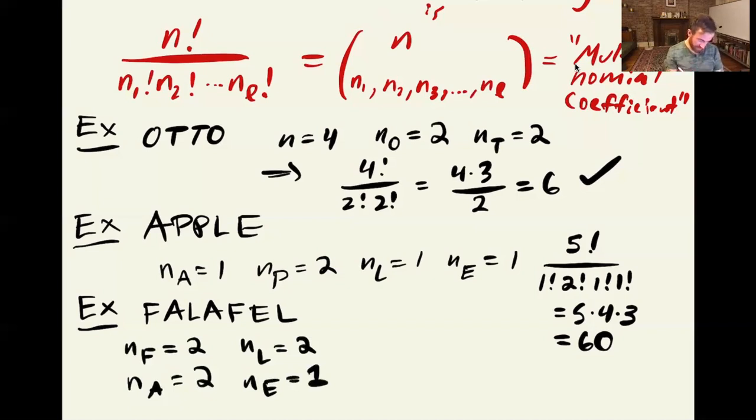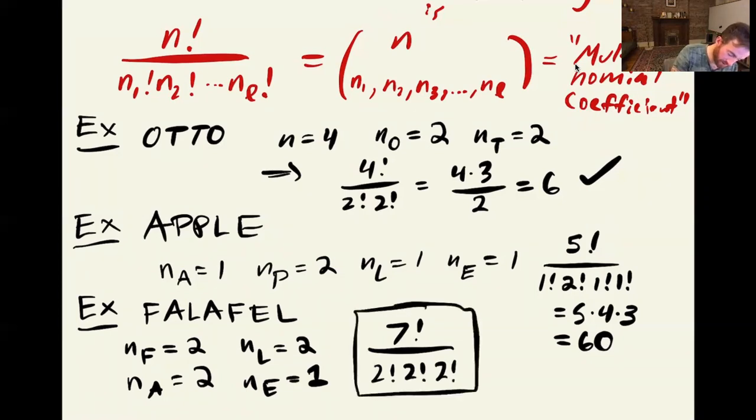There are just 4 distinct letters, F, A, L, and E in falafel. Now what's the length of falafel? Well, it's 7. And that agrees if I sum up all these numbers here. So I get the number of ways is 7 factorial divided by 2 factorial times 2 factorial times 2 factorial. And I could put 1 factorial, but 1 factorial is the same thing as 1, so it's fine if we don't write it there in the denominator.